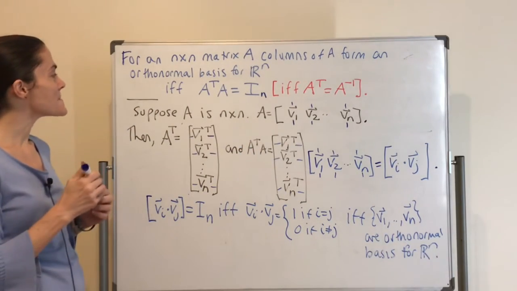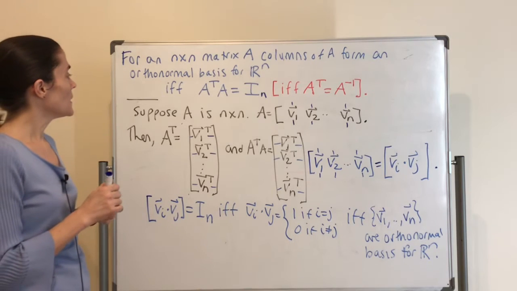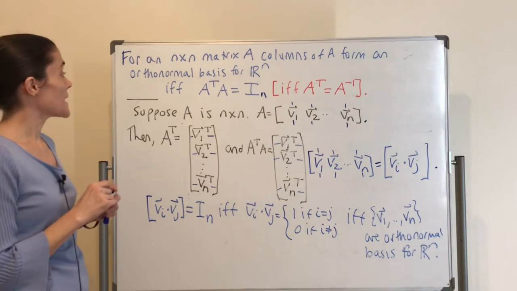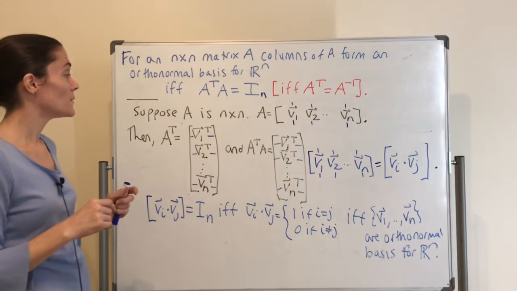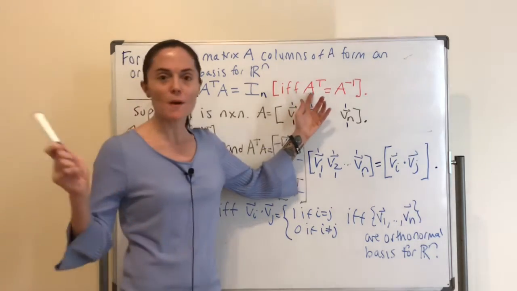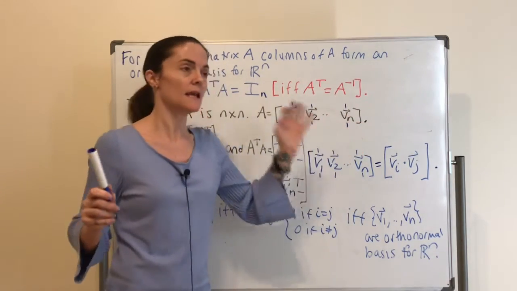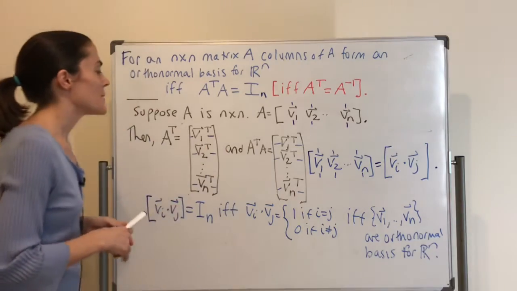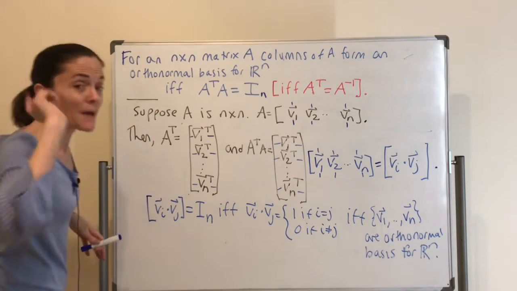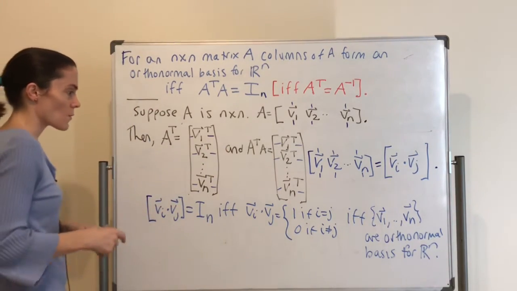Okay, now, this is very nice. It says something about, well, we know just by taking the transpose, we have the inverse, if you have an n by n matrix where the columns are orthonormal.